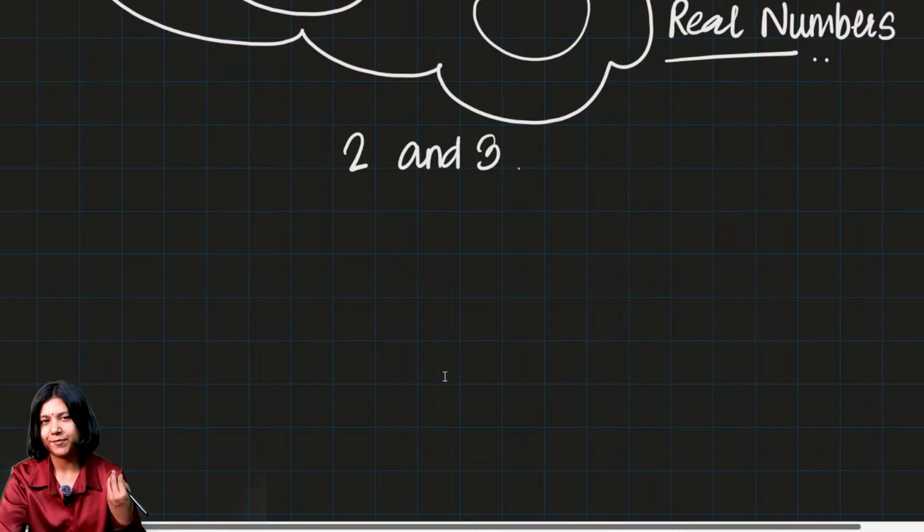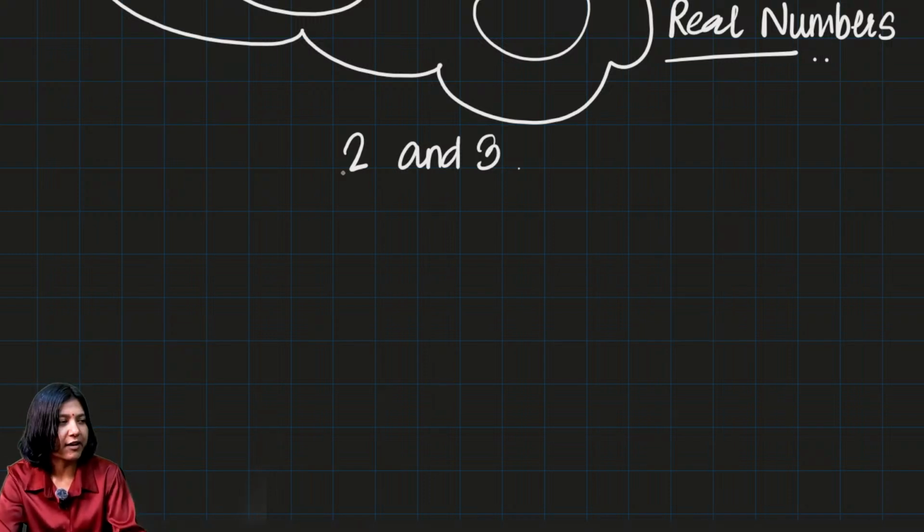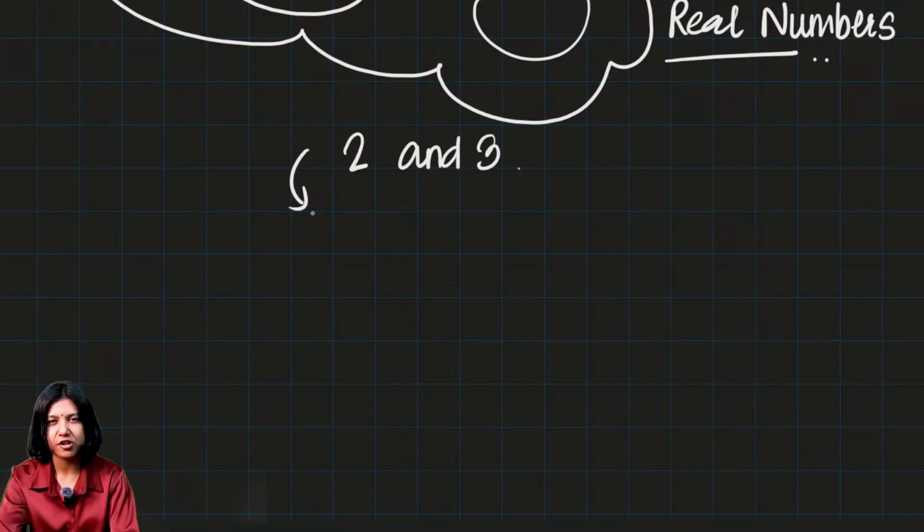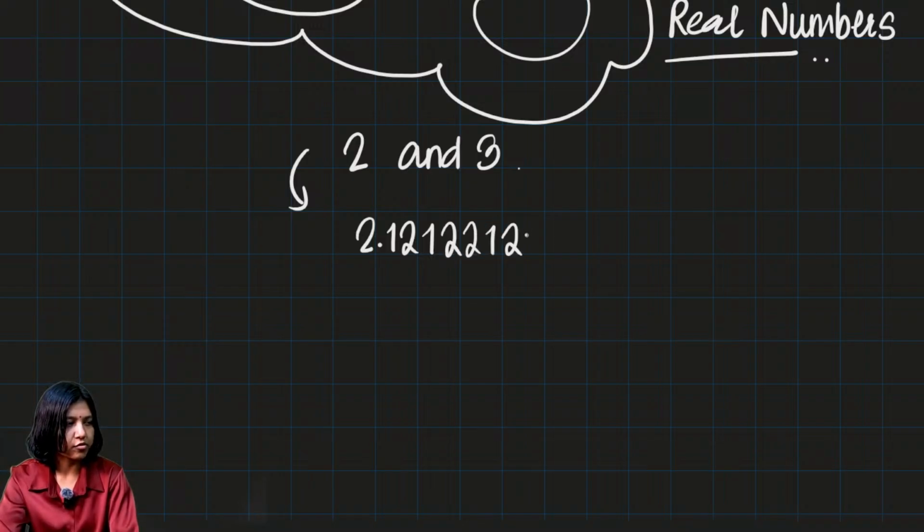Just think of whatever is coming to your mind. Just make sure that the decimal part is non-terminating for sure, but non-repeating as well. Between 2 and 3 lies 2 point something. So 2.12, 122, 1222, anything, it goes on and on.